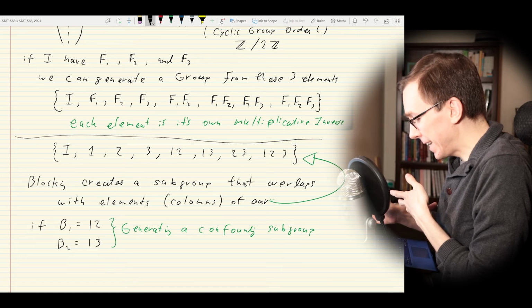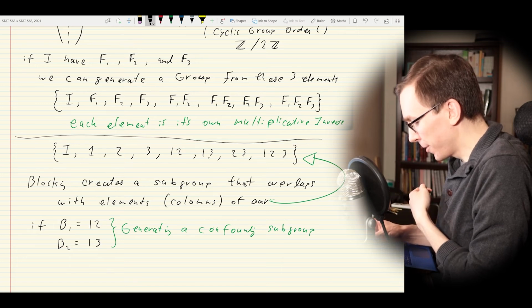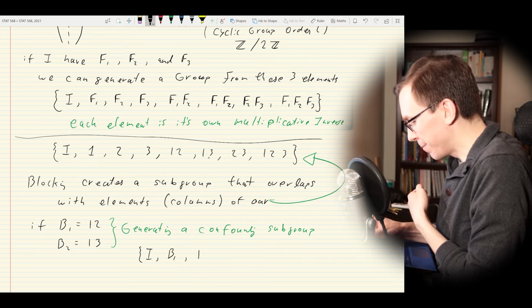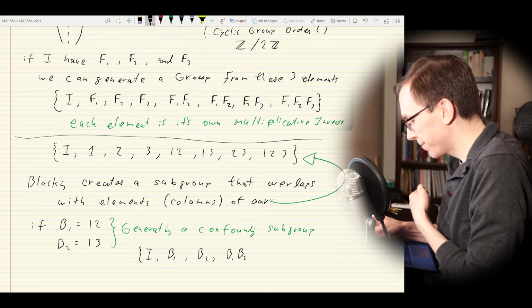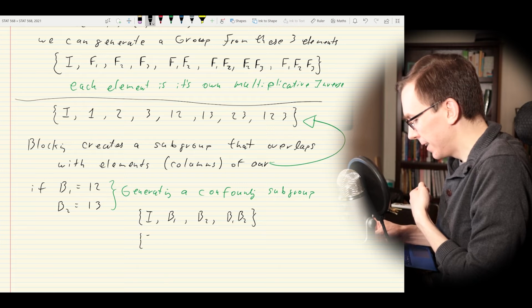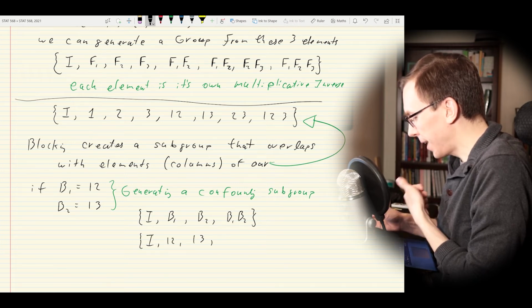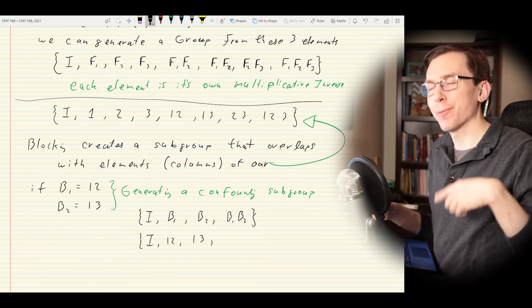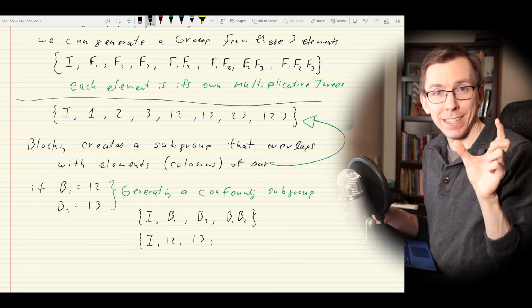And the way we find out what's in that is that, for a group, we always have the identity that's just there. We're going to have B1, we're going to have B2, and we're going to have the product of B1 and B2. And what does that happen to be? Well, that happens to be I, 1 2, 1 3, and the product of those, which is 1 times 2 times 1 times 3, and the ones cancel out.